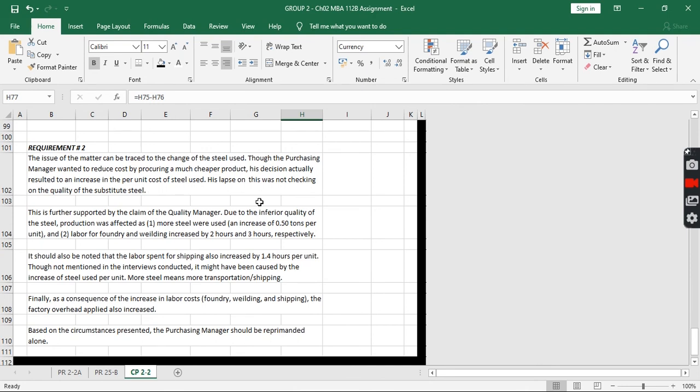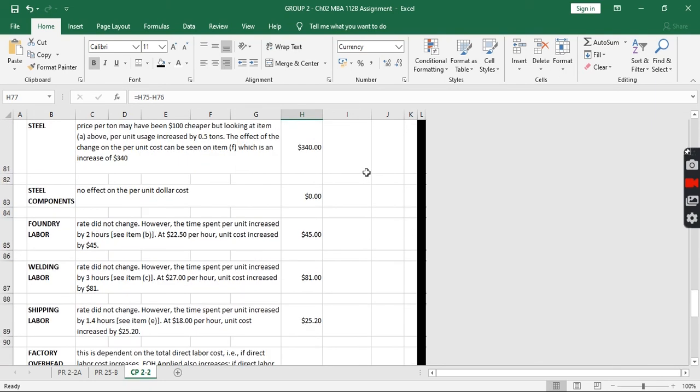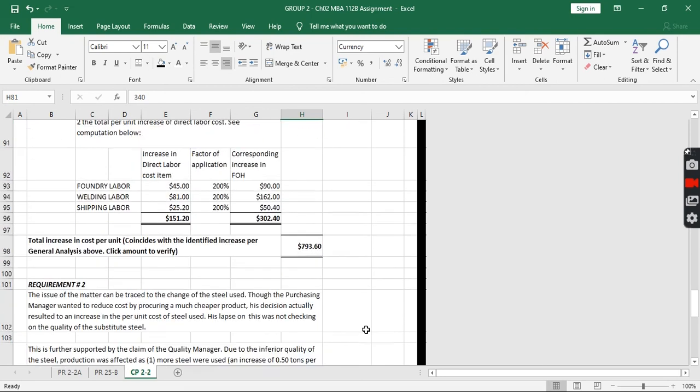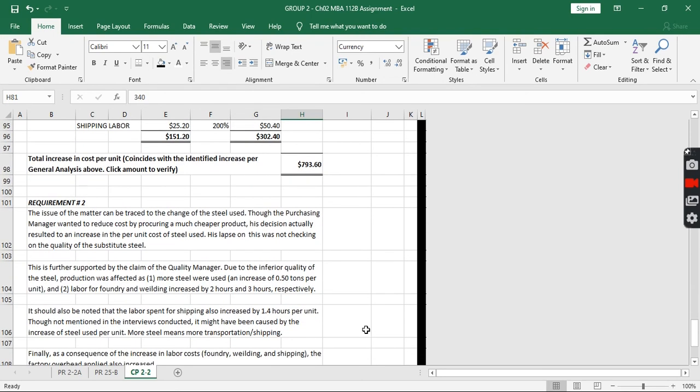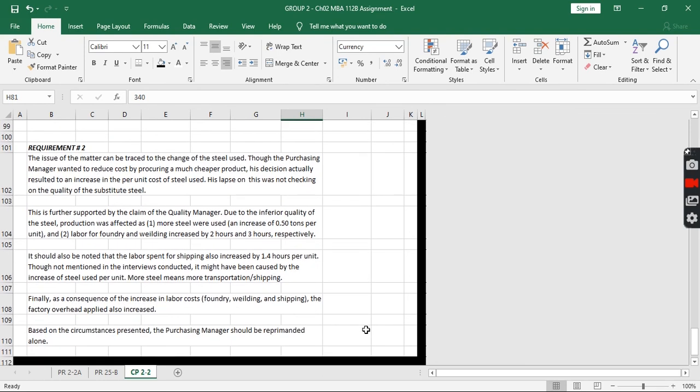Though the purchasing manager wanted to reduce cost by procuring a much cheaper product, his decision actually resulted in an increase in the per unit cost of steel used, which can be seen here. So his lapse on this was not checking on the quality of the substitute steel. This is further supported by the claim of the quality manager. This is due to the inferior quality of the steel.